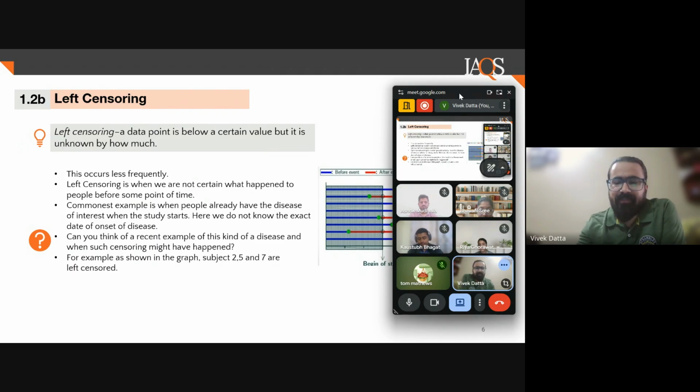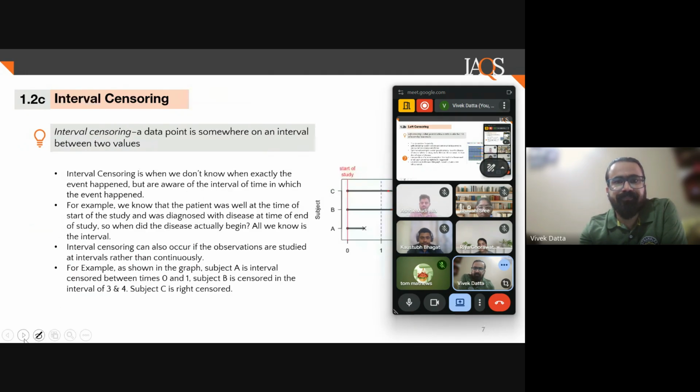Okay. Then interval censoring. Continue.